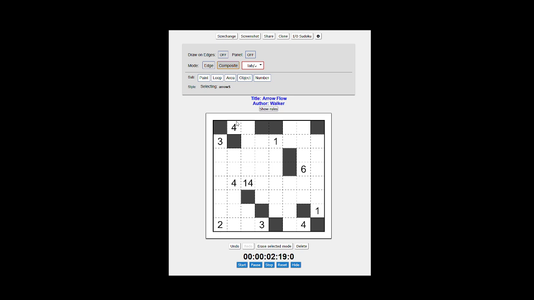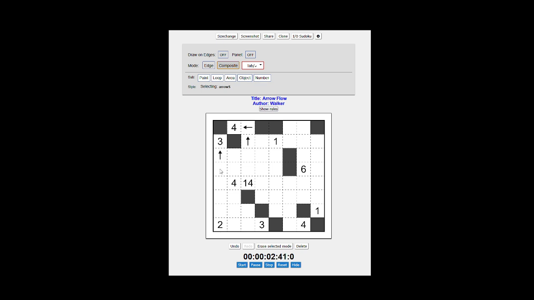First of all, there are apparently 4 arrows that must lead to this 4. There's only 1 cell that can point to it. There we go, that's 1 arrow. There are 3 more arrows that must point into this 4, so there's only one way to go through this one. That's the only way. Okay, similar with this 3, there's only 1 cell that points into it.